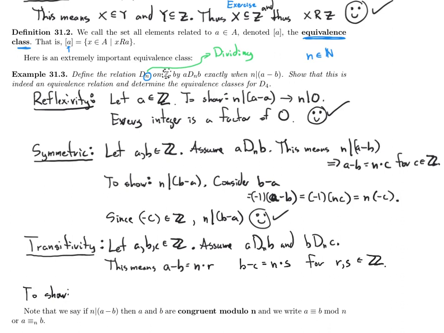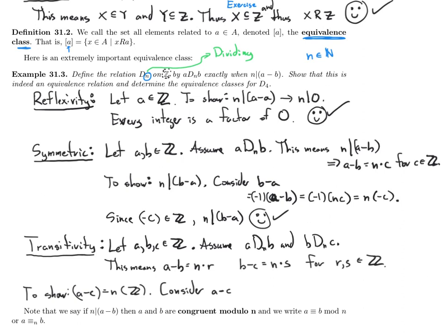We want to write A minus C as n times some integer. So let's consider it. It looks like I'm running out of space, but I should be able to finish this. It's not a very long argument once you figure out what you need to do.